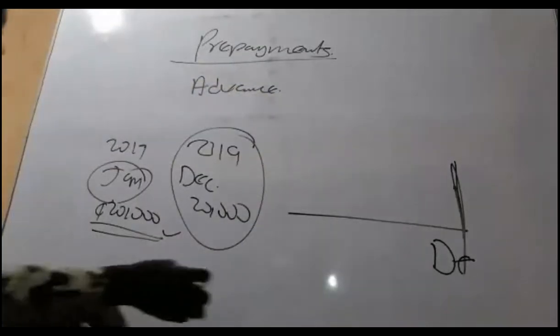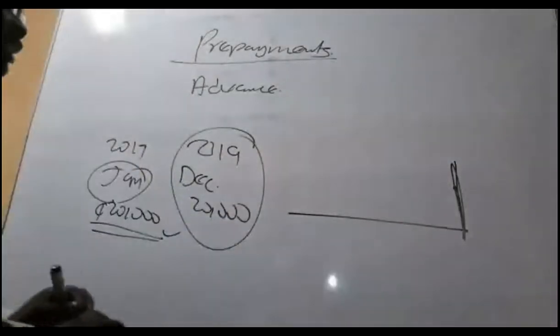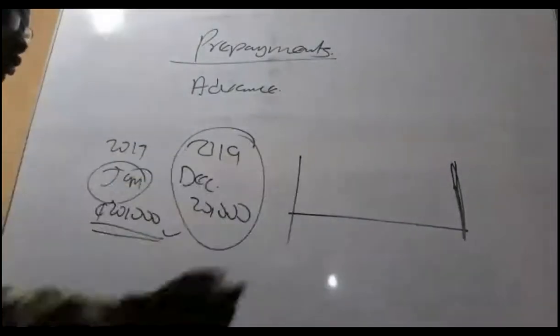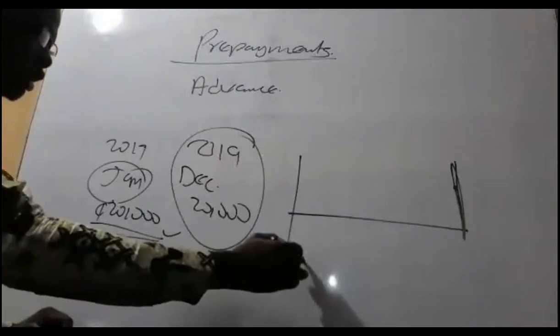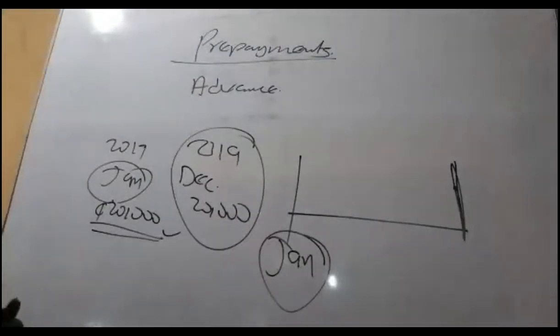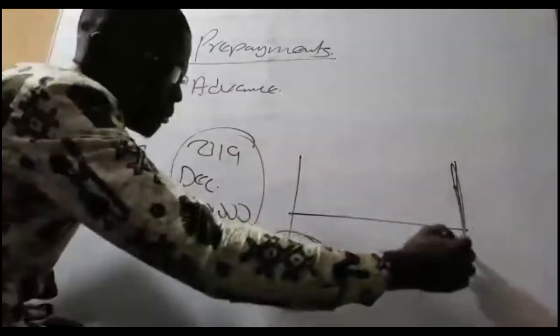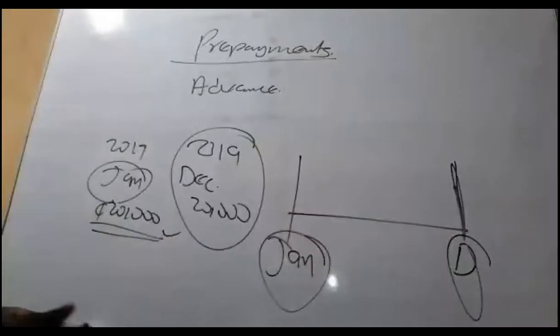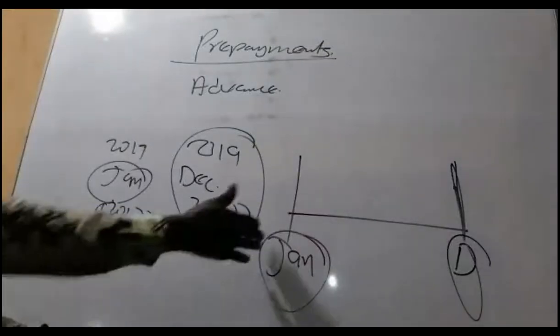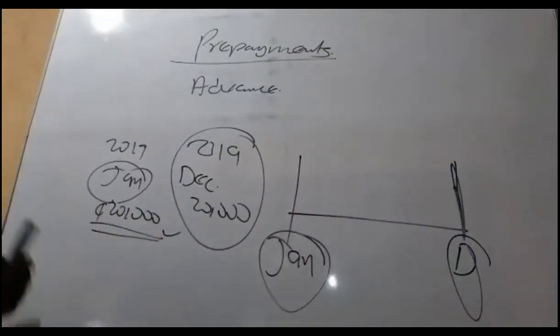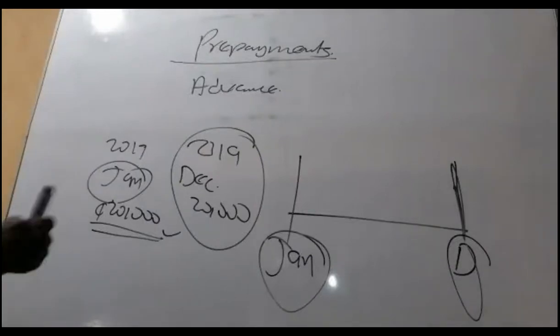However, if I prepare a financial statement, let's say in January, then you can consider that as your prepayment, because that payment you had to pay in December, or you paid ahead of time. So that is prepayment.